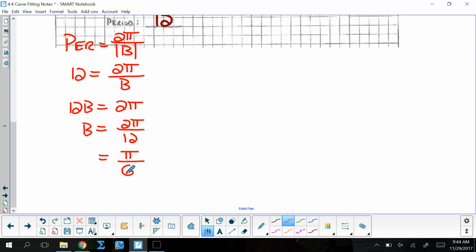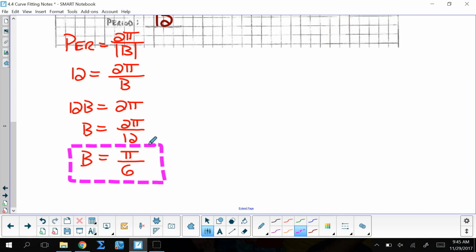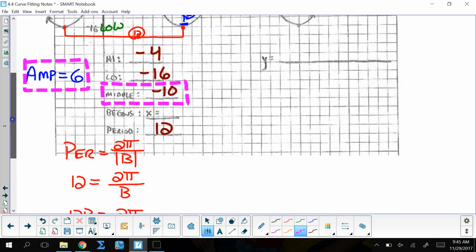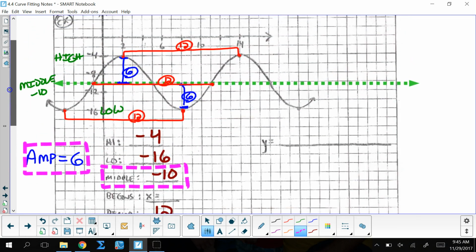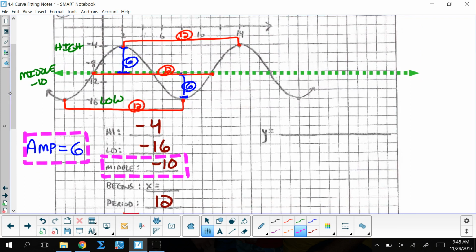I get a b value of pi over 6. Agree? Okay. So now it's just a matter of where you want to start. If I start here, I'm going to start at the black dot.